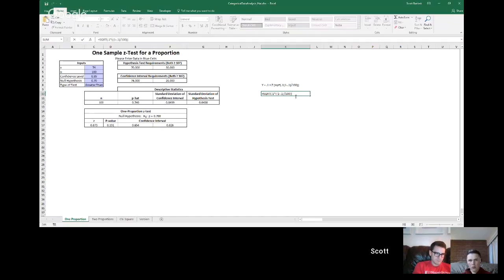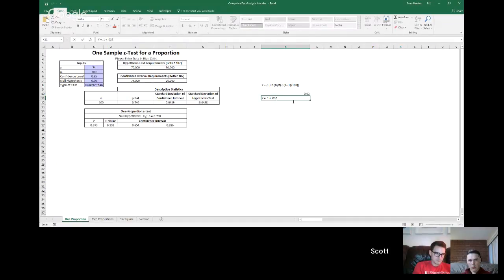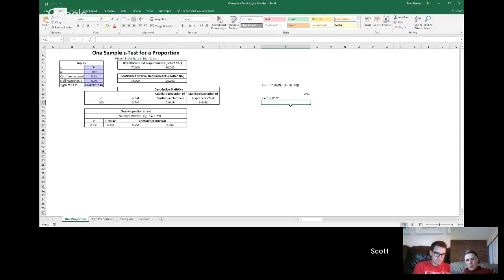Yeah. So basically what we have then is y equals 0.1 plus 0.03 z. That makes sense? So I can get to this point here.